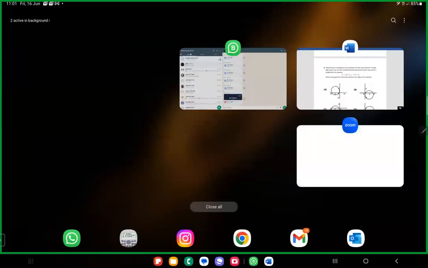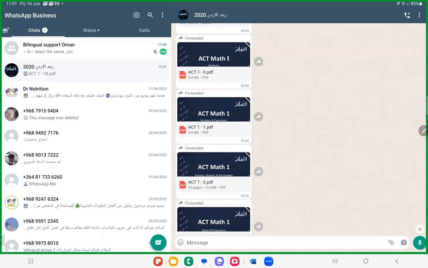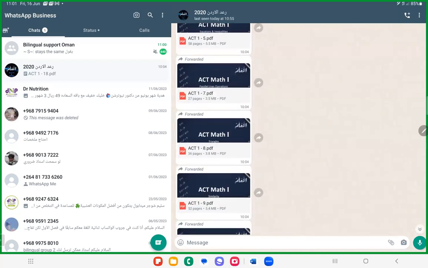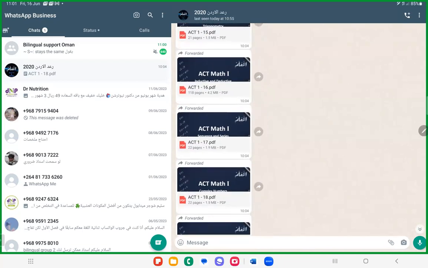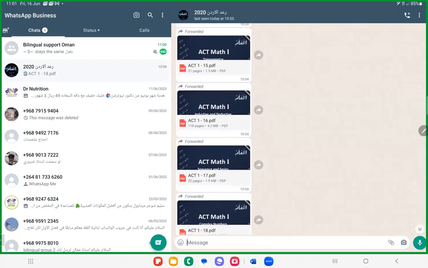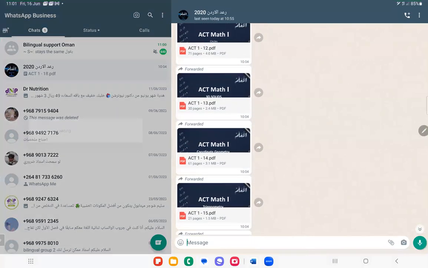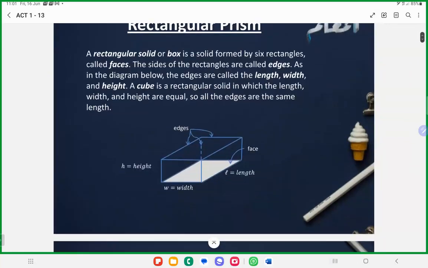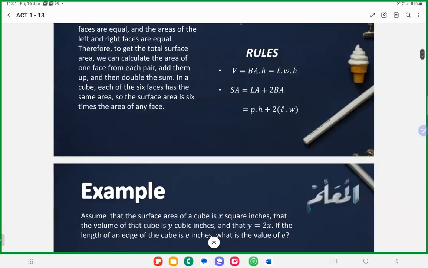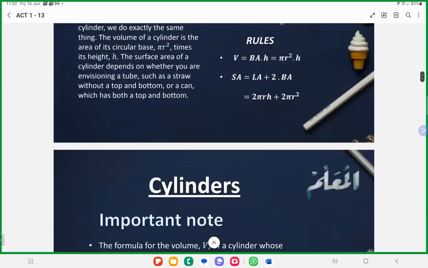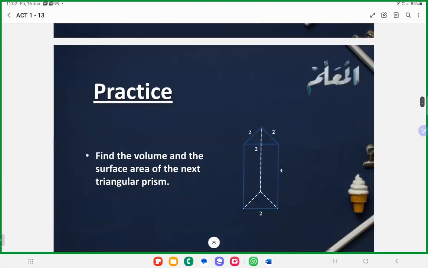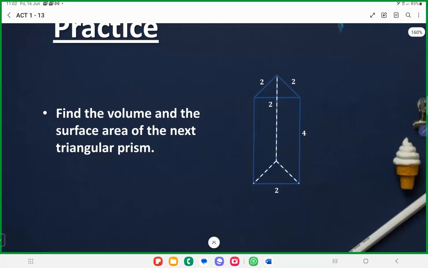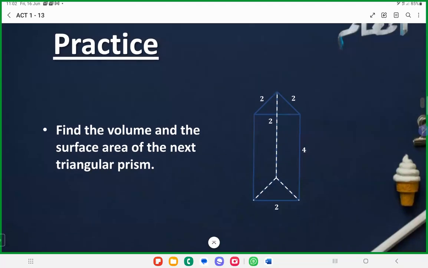Chapter 13 covers the rules for the cube, cuboid, prisms, cone, and cylinder. Let's do this quickly. For example, what's the volume of this shape? You need to find the area of the base.